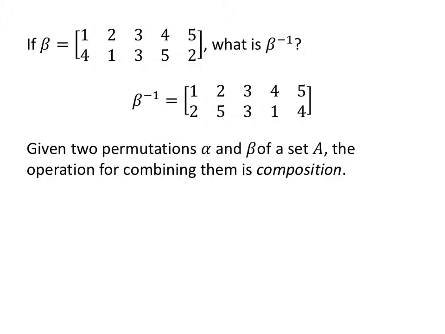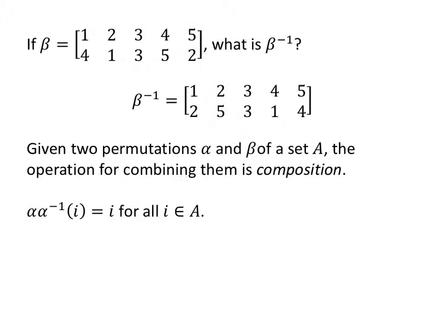The way we'll combine any two permutations will be through composition, when we talked about composing functions. One good reason for this is if you think about a function and its inverse, we'll just use alpha. If you take alpha composed with alpha inverse, you will always get the original element back. So for example, beta inverse maps 2 to 5, and then it maps 5 back to 2.